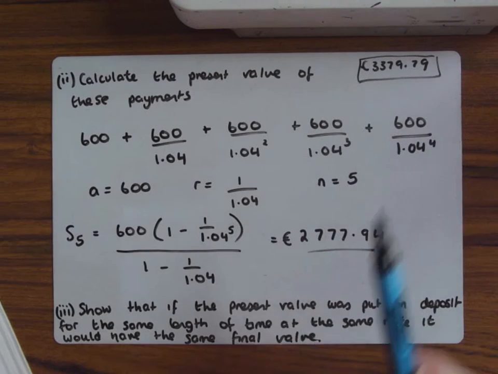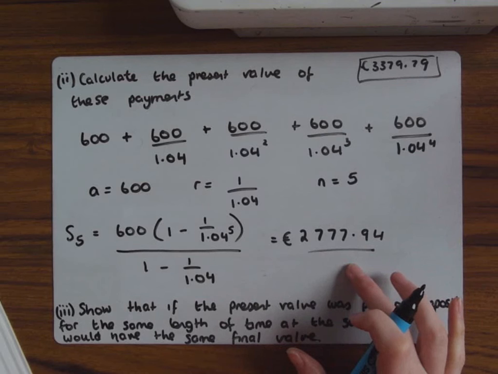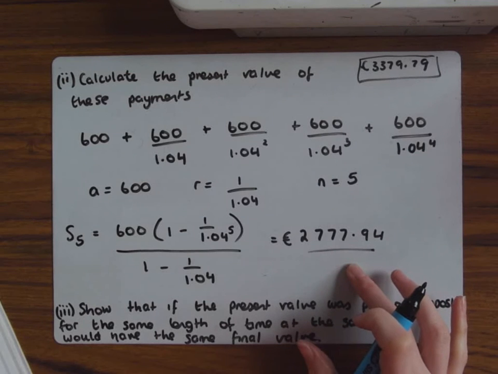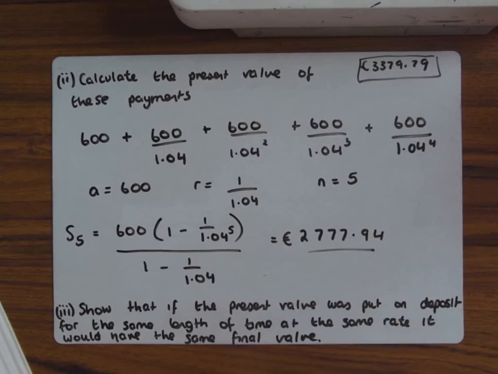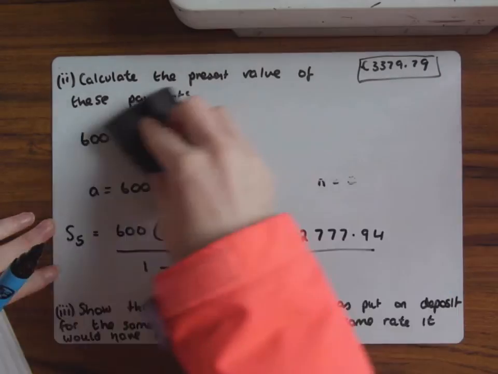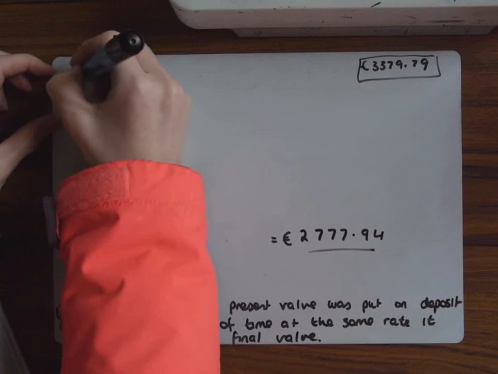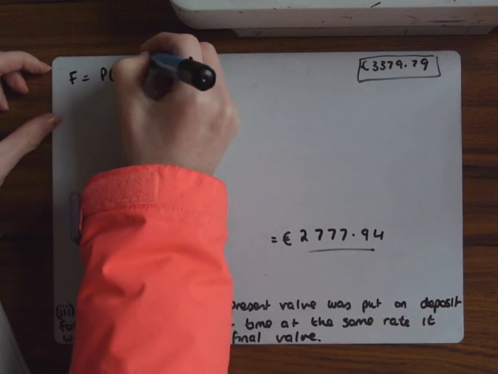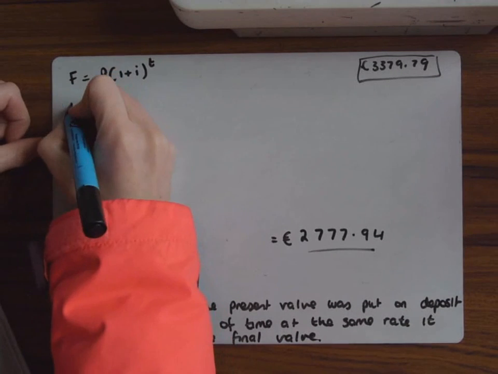Whether I'm saving 600 per year for 5 years, or whether I put the whole amount in for 5 years at the same interest of 4%, I should get the same answer. So this is my present value, and I'm interested in the final amount, so I'm finding F.